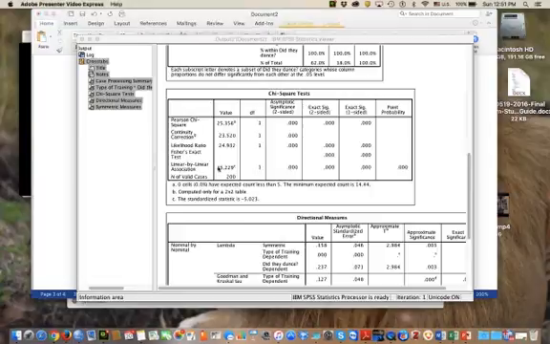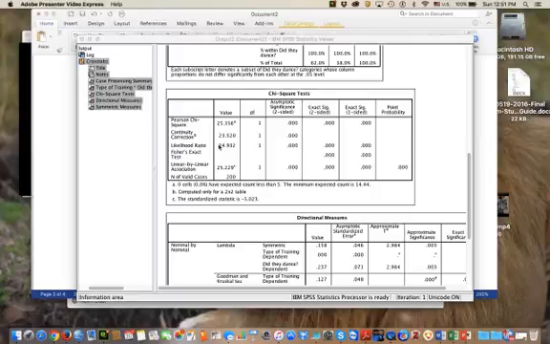And again, going back to the chi-square test table, we see that the continuity correction is 23.5 with a likelihood ratio of 24.9, or 25%.